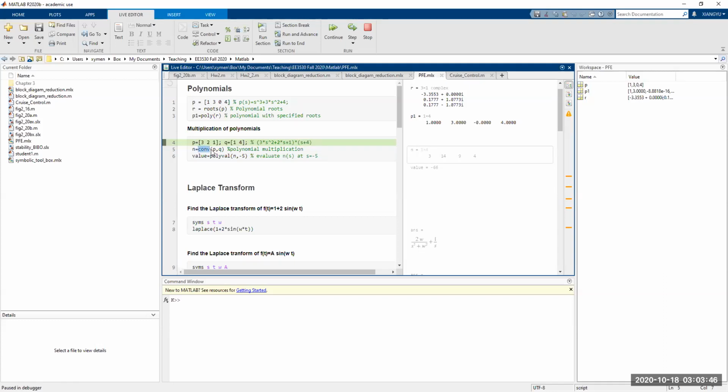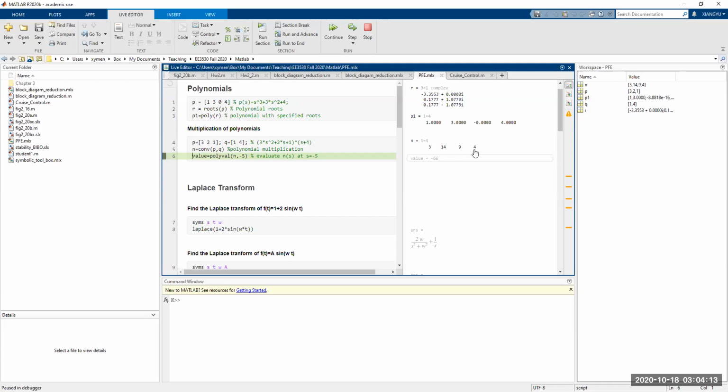In MATLAB, convolution means the multiplication of two polynomials. So n returns the coefficients. Now we have the result of the multiplication of the two polynomials.